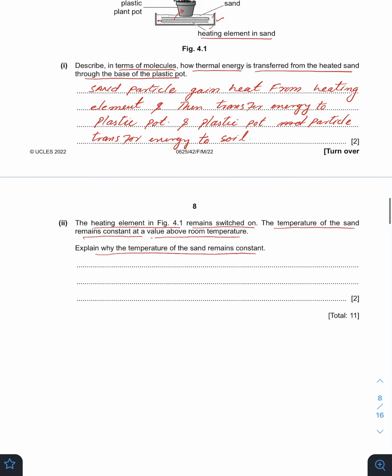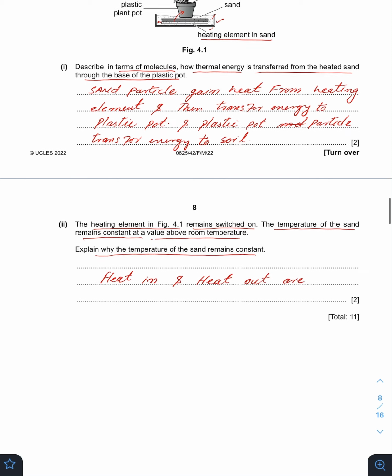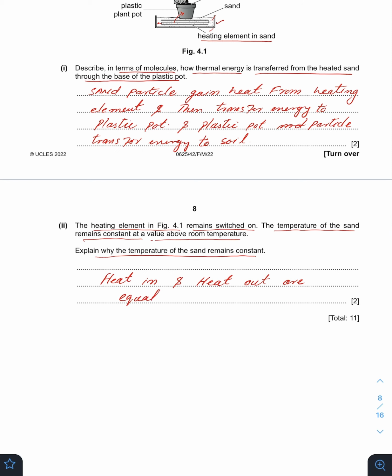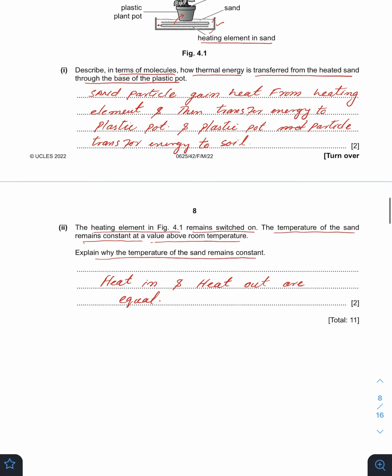I can write that heat in and heat out are equal. It means the sand takes energy from the heating element and then transfers it to the pot. So heat given to the pot is heat out and heat taken from the heating element is heat in.